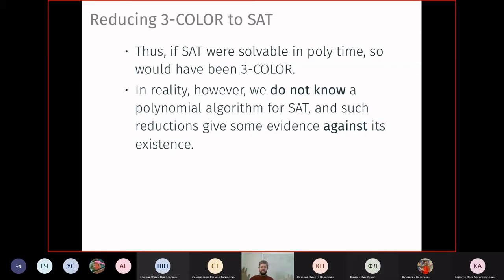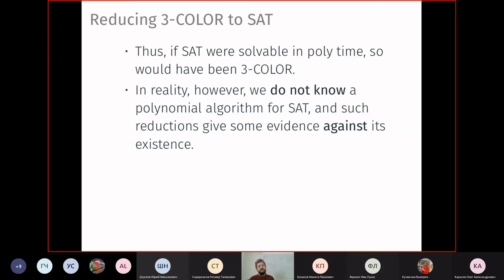So there is a large class of problems in the class NP, and if SAT were solvable in polynomial time, all these problems would also be solvable in polynomial time. But we don't know such an algorithm for any NP-hard problem. So there are many problems in NP for which we do not know a polynomial-time algorithm.